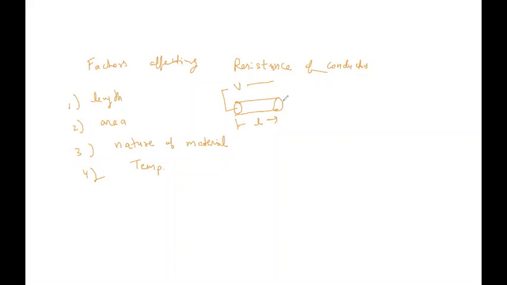Along which we are providing the potential difference, that we will consider as the length. And the cross section area is the area through which electrons are flowing. So here it is, this is the area. Are you getting this? Okay. Third is nature of material, and fourth is temperature.